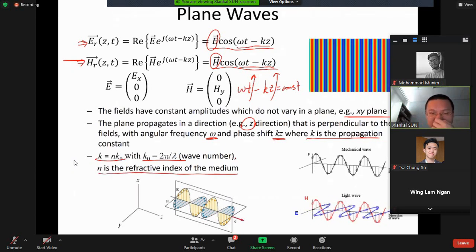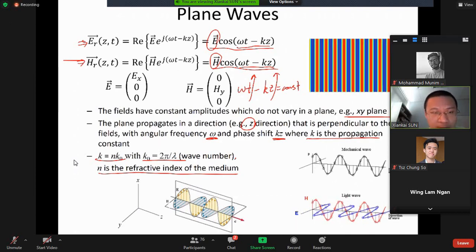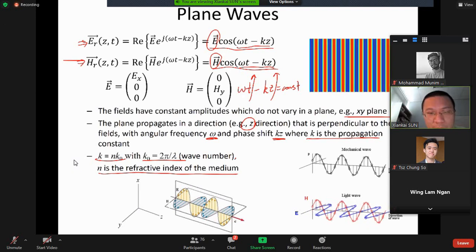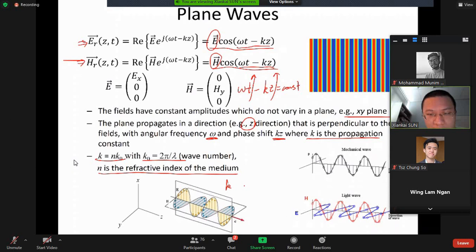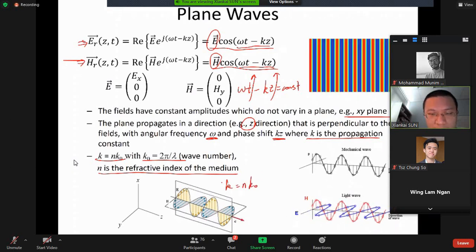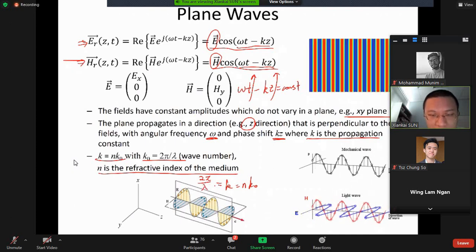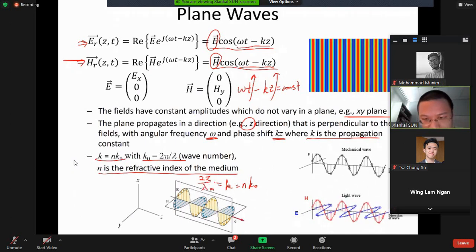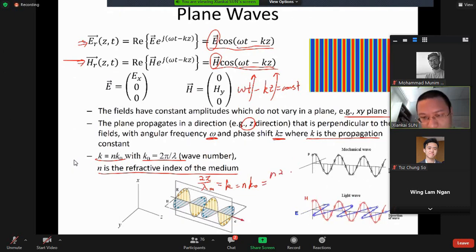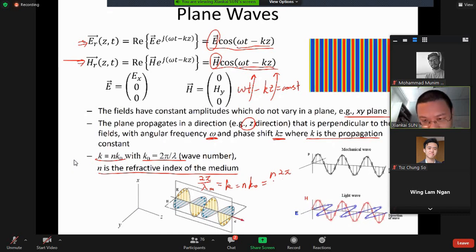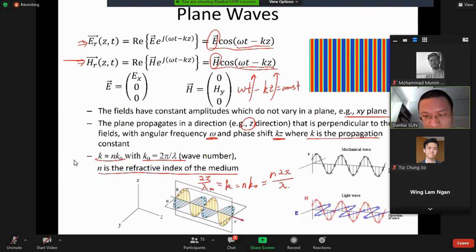So basically, let me say a few more words about this. Because k is equal to n k naught, and k is equal to 2 pi over lambda inside the medium, and k naught is 2 pi divided by lambda, where this lambda is inside the vacuum.